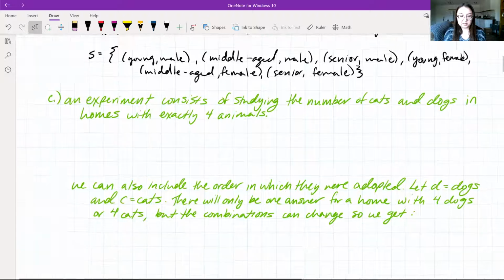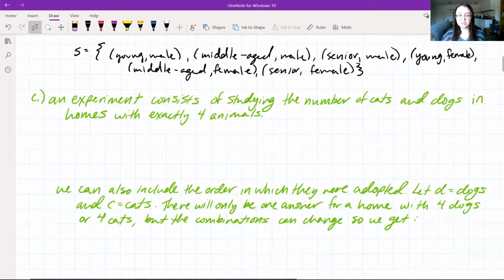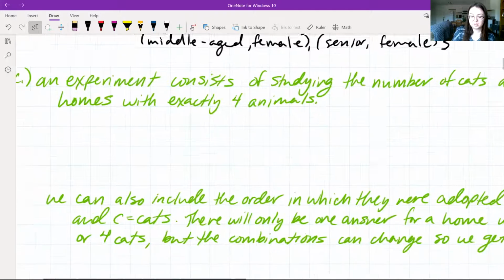All right, so for C, we have an experiment that consists of studying the number of cats and dogs in homes with exactly 4 animals. So what we can do here, if we know it's always going to be exactly 4 animals, and it's going to be different numbers of cats and different numbers of dogs, we have to think of all the combinations that we can have.